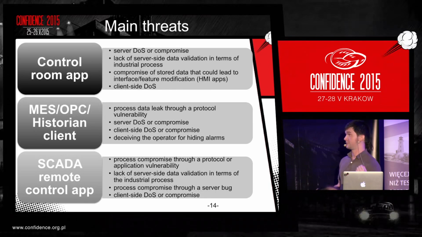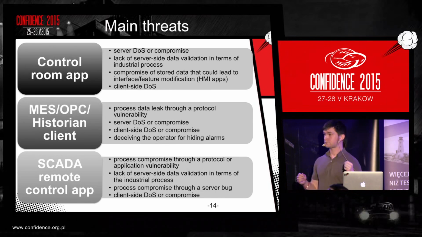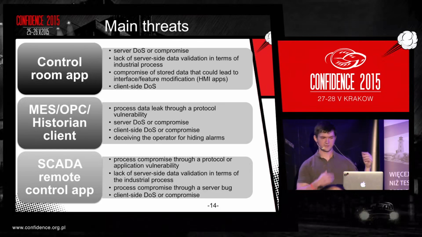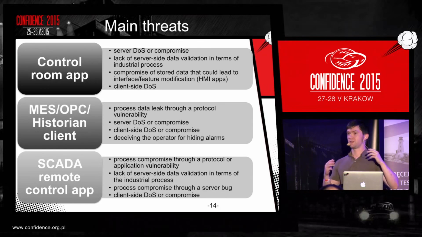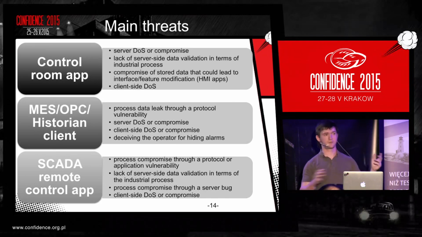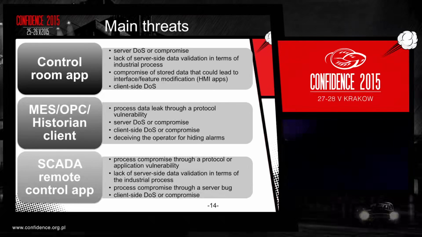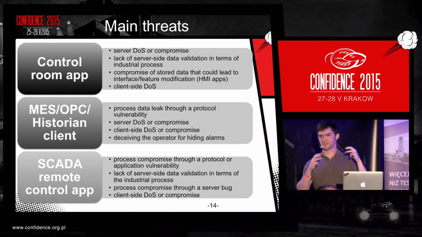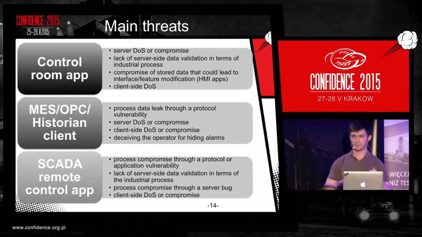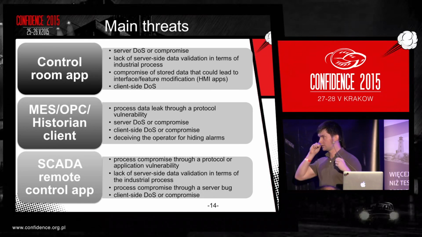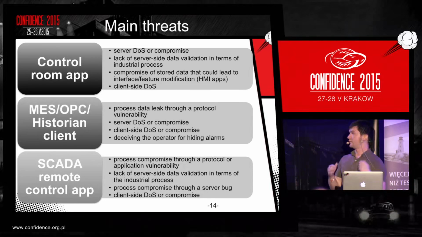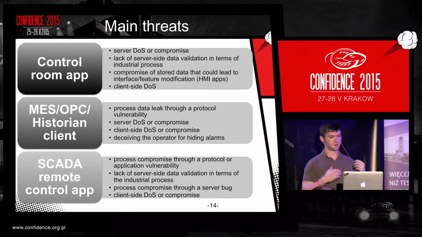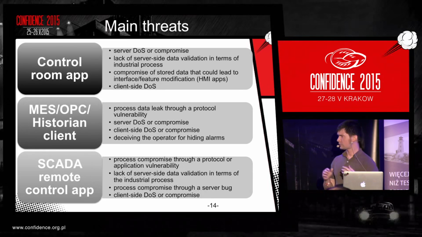Cheating the operator is also possible. For example, instead of receiving an alarm notification from the server application, the operator receives a message that everything is okay, or receives no notification at all. For example, the server application sees that a sensor shows too much pressure in a pipe, and it sends a notification to the operator that he should lower the pressure.